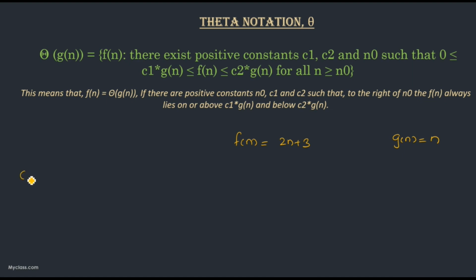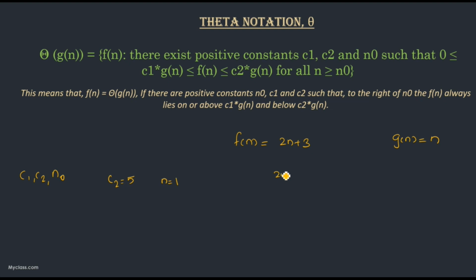So we want to calculate c1, c2 and an n0 value. We have already found that f of n is bound with the g of n for lower bound and upper bound with two different constants. For our upper bound, our constant is c2 equal to 5 and n equal to 1.